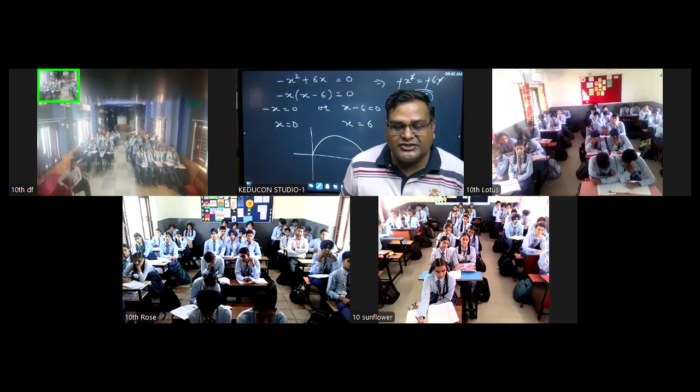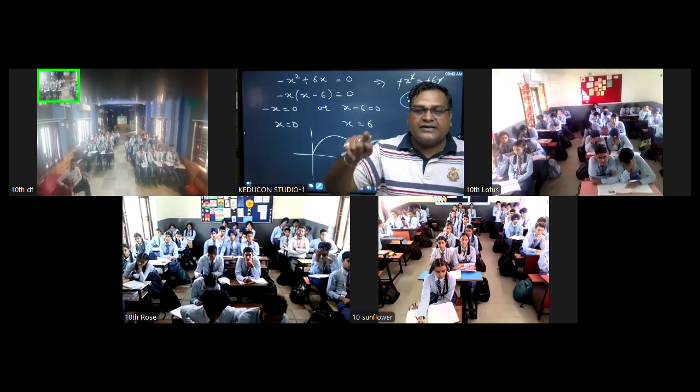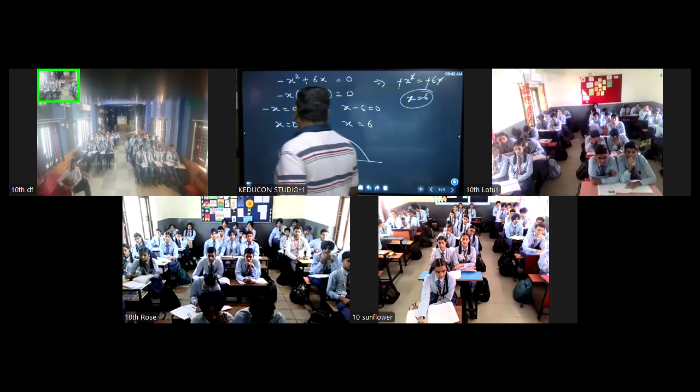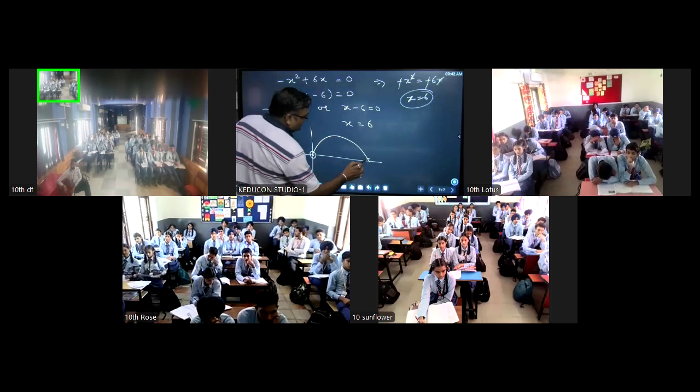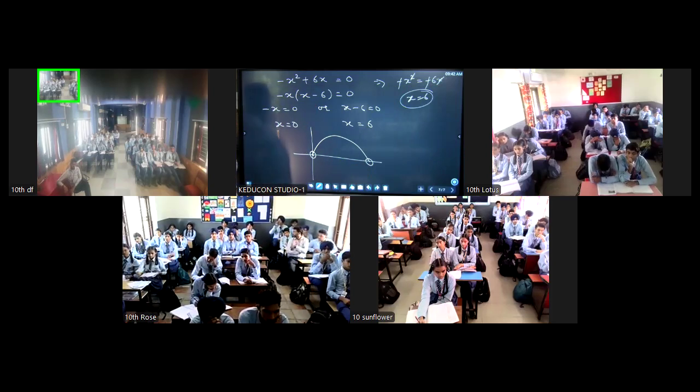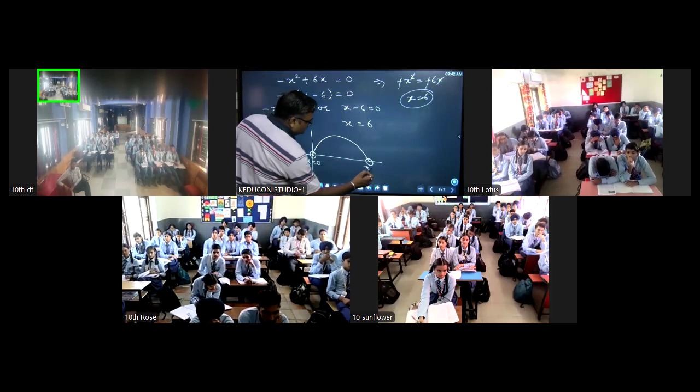The zeros are those points, those values of x where this graph cuts the x-axis. So now this graph cuts at x equal to 0 and x equal to 6.